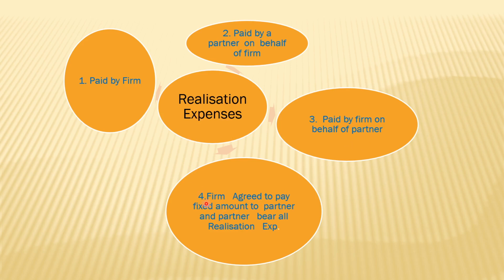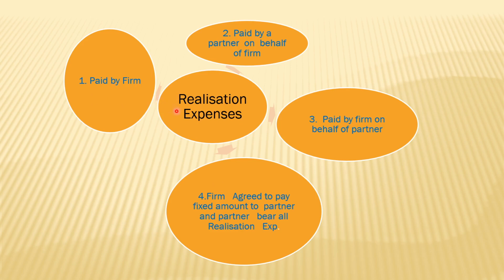Sometimes there is an agreement between the firm and a partner that the partner receives some remuneration, and for that the partner will bear the entire amount of realization expenses. So there are 4 situations which can come in examination time. We have to know carefully what entry will be there.